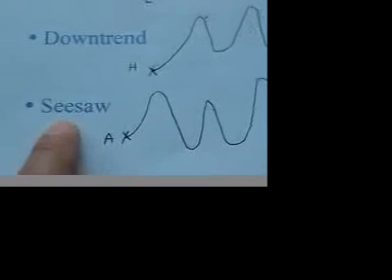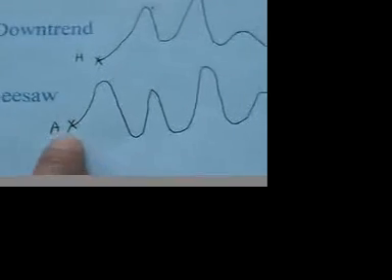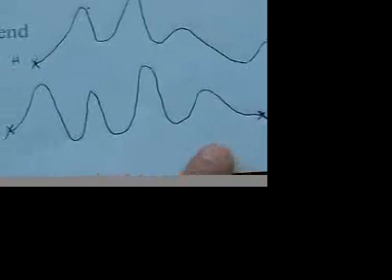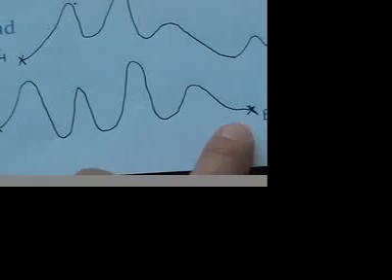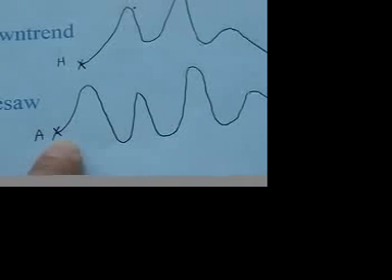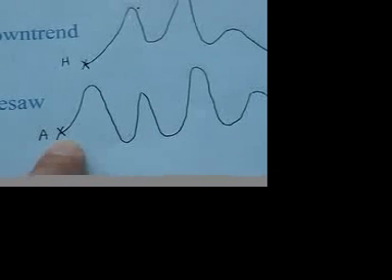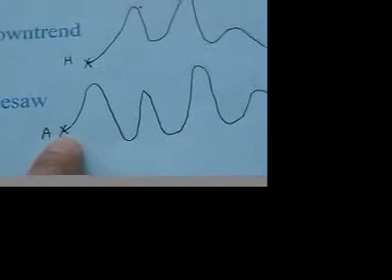Now we come to a seesaw. A seesaw has two endpoints, A and B. And you notice that A and B is more or less similar in level. So a seesaw means you cannot tell a trend because it doesn't wind up being higher or lower, maybe a little bit.